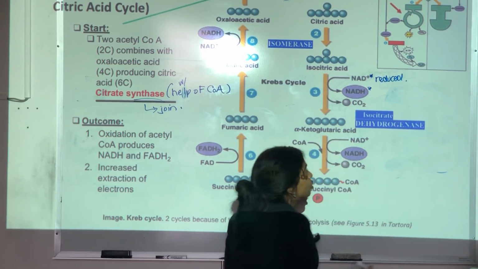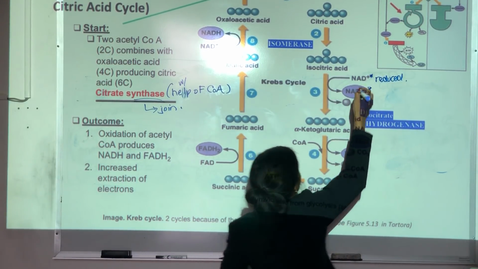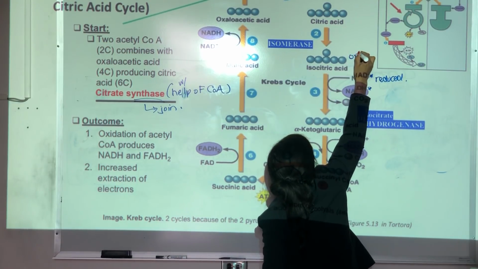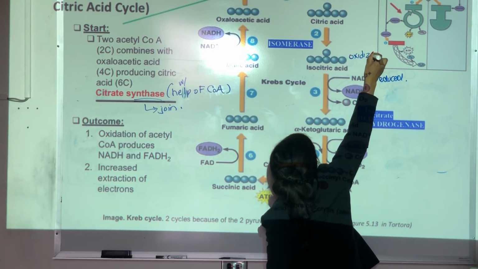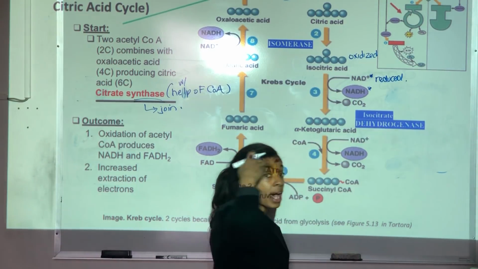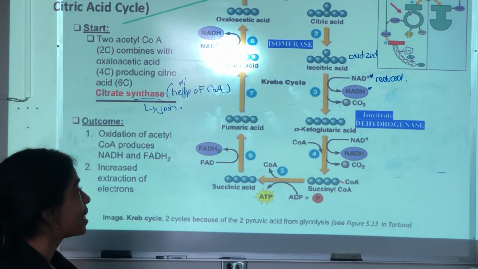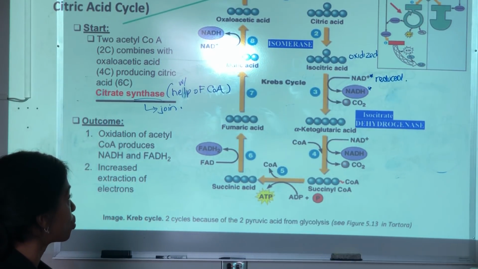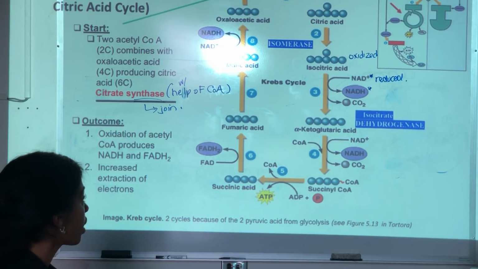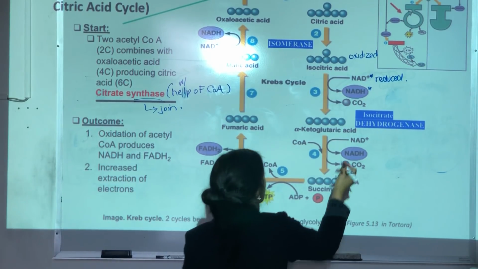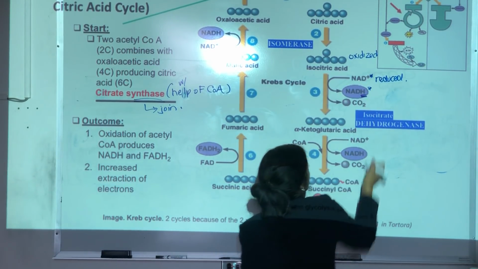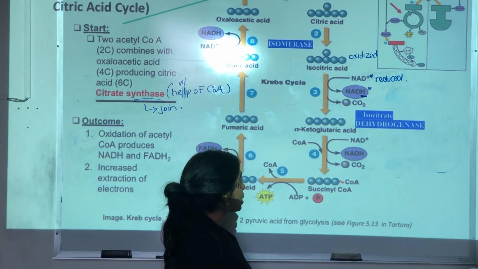And when NAD is being reduced, isocitric acid is being oxidized, right? They have to happen at the same time, right? So in our redox reactions, if something is oxidized, then something has to be reduced, right? And the H, remember the H represents our electron, right? So it has gained the electron.